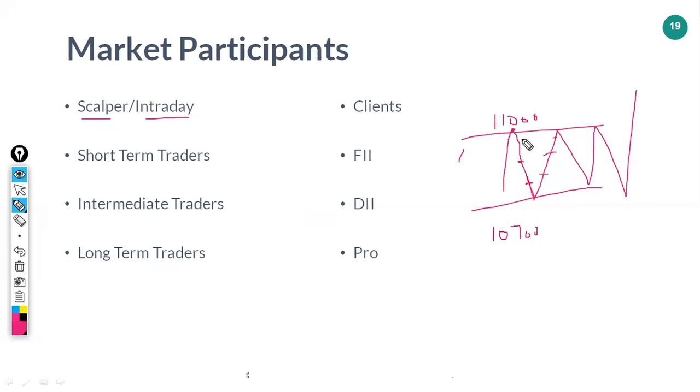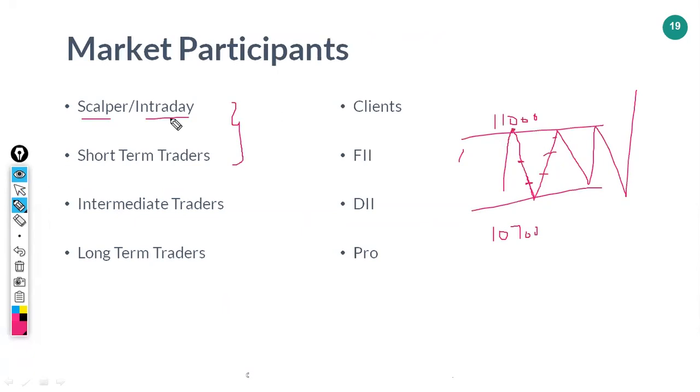In a bigger swing, something like a 300 point swing is a decent swing in the Nifty. If you see the market moving in a compressed 300 point band, most likely those zones are dominated by short-term traders. On a day-to-day basis, 80% of the time we are going to deal with these players: short-term traders, scalpers, and intraday players.